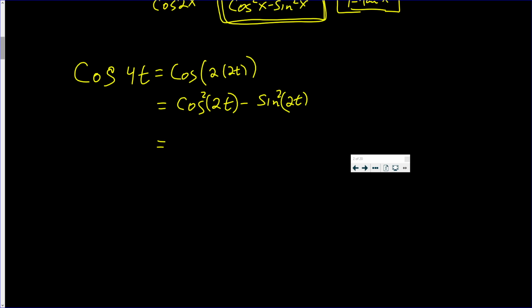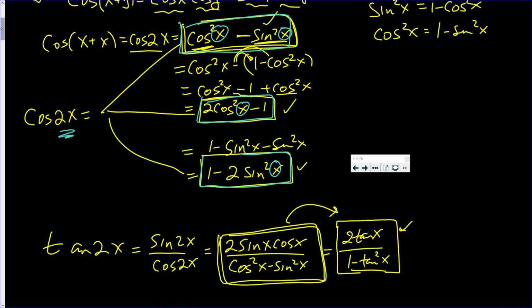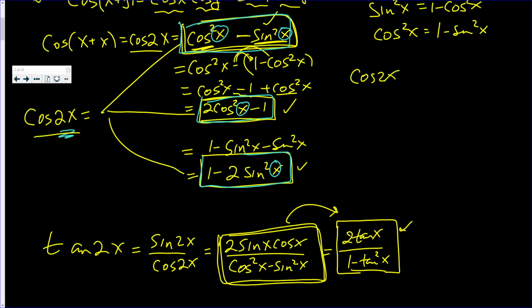how much does that equal? What we can do is, let me try to do it over here. For example, we know that cosine of 2x is equal to this.